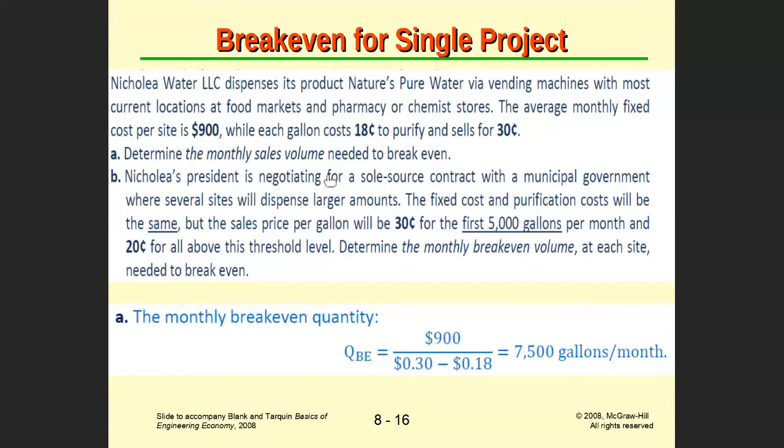So the 900 and the 18 cents will be the same. But the sales price, which means the revenue per gallon, will be 30 cents for only the first 5,000 gallons and 20 cents for all above that threshold, which is above the 5,000.